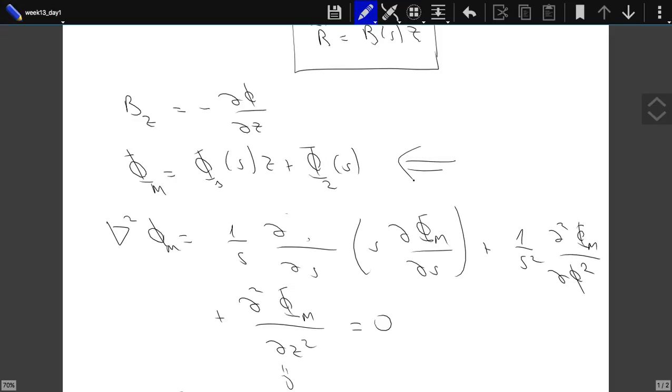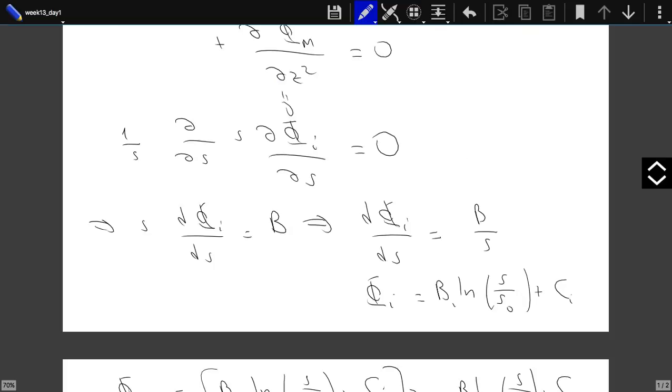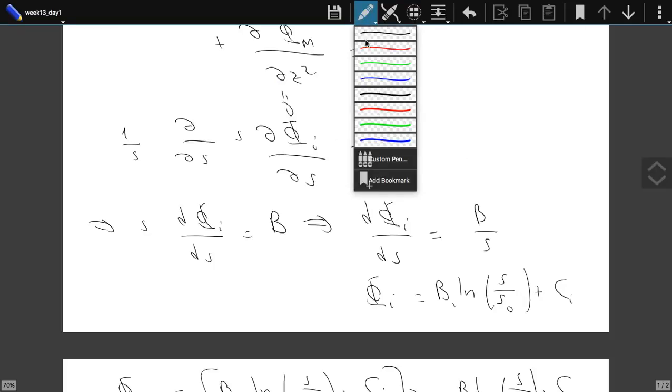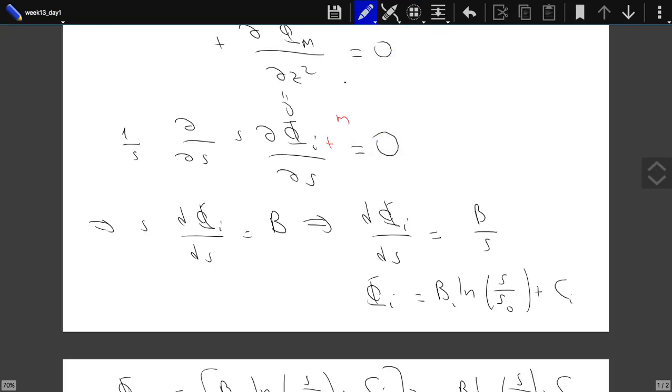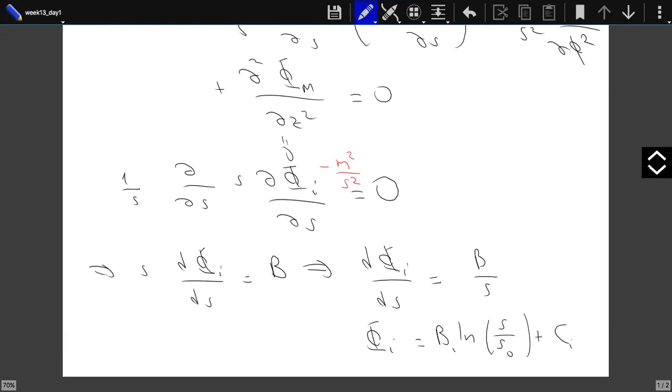Well, if you add the phi dependence of the solution, then you wouldn't have this equation, but you would have plus or minus m squared over s squared for the s dependent part of phi.